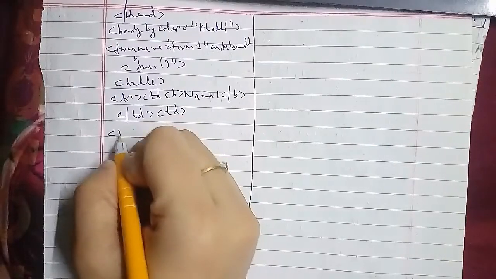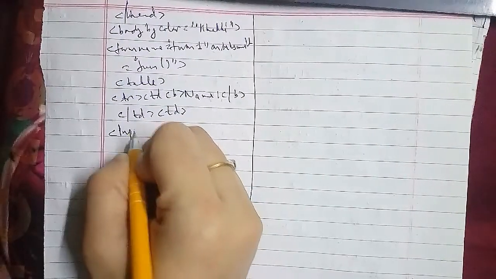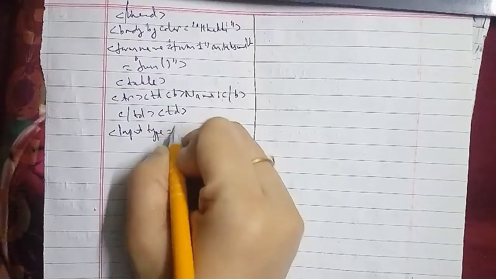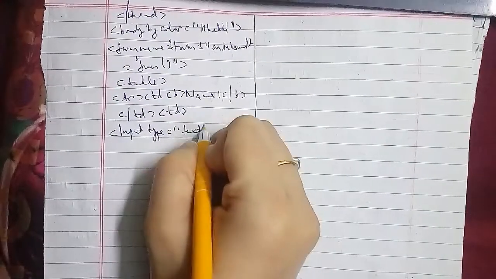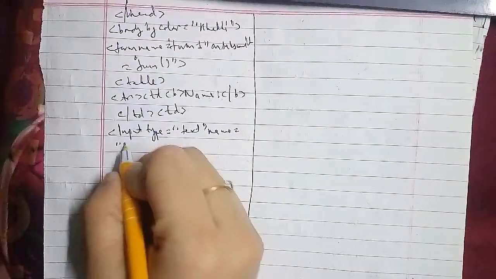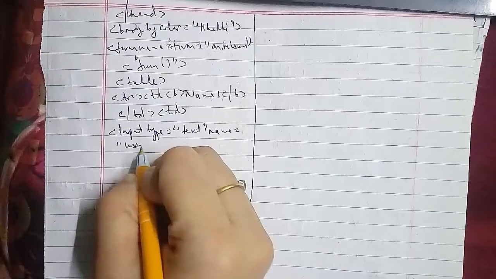Then again we will open tr, td, b, account number, that is b tag close, td tag close, and then td.